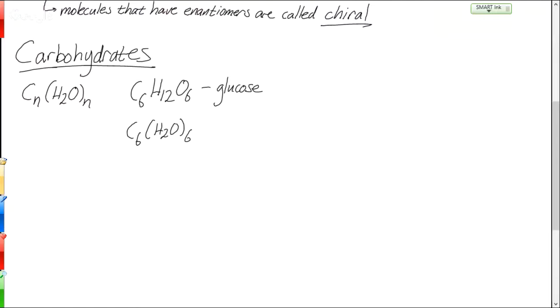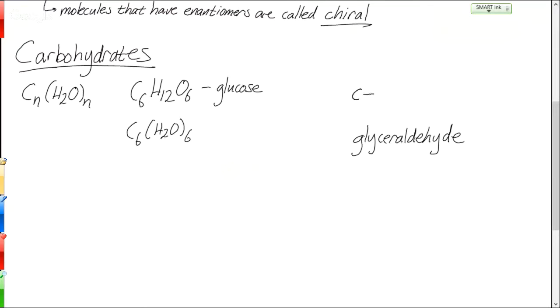So carbohydrate structures, we're going to see a bunch of different ones, but we'll start with the more common, simpler ones, and then we'll work to some of the other ones. The simplest sugar is called glyceraldehyde. And its structure looks something like this.